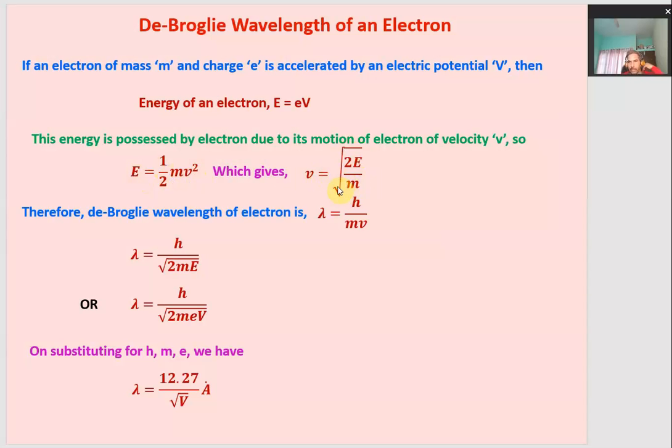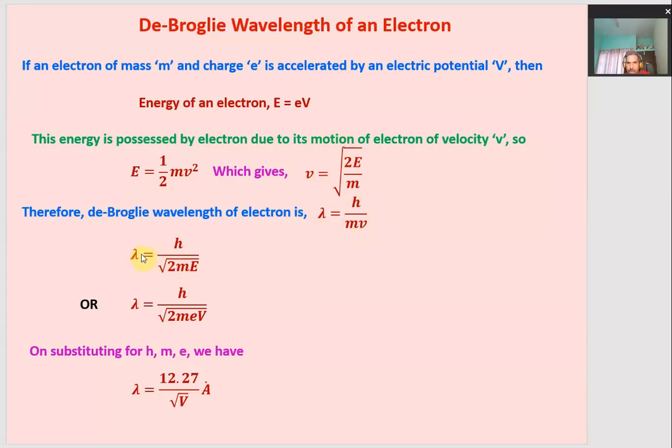And we already know that the De-Broglie wavelength of a material particle, for example an electron, can be written as lambda is equal to h upon mv, where m is the mass of the electron and v is its velocity. So when we substitute the value of v from here to here, we get lambda, the wavelength of the wave associated with a moving electron.